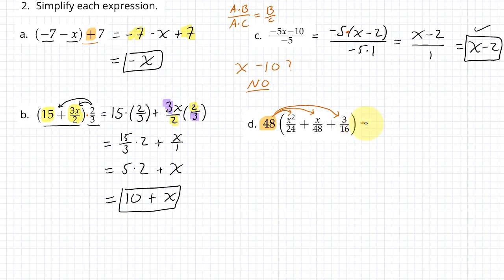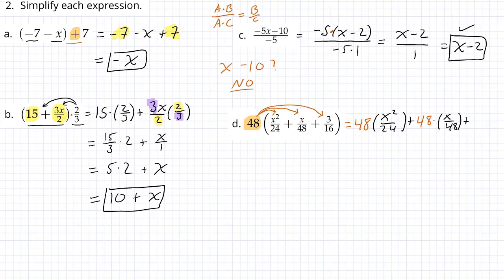So we're going to have 48 times x squared over 24 plus 48 times x over 48, and you have plus 48 times 3/16. And I just want to make sure stuff cancels out here properly.